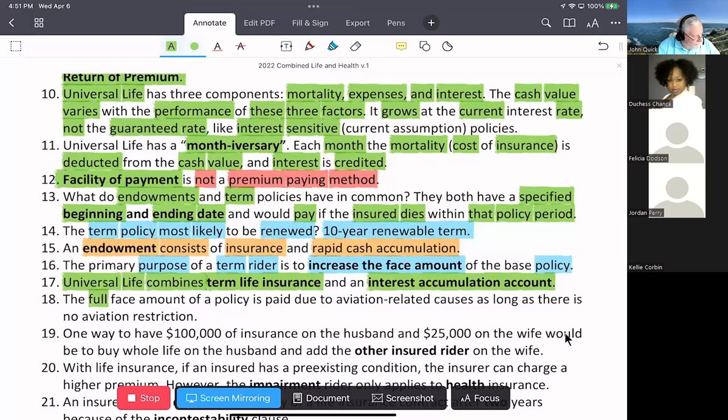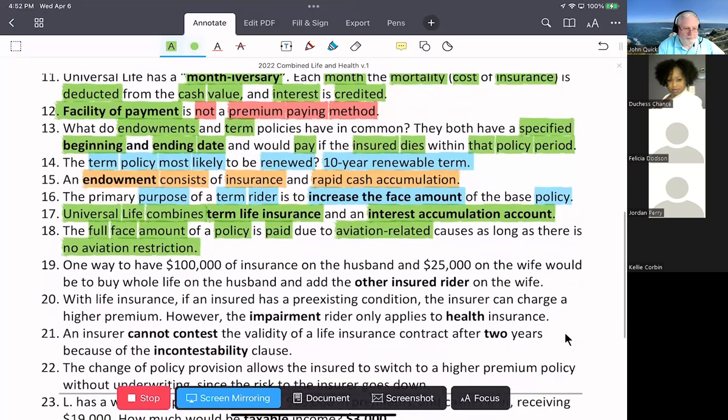But the full face amount of a policy is paid due to aviation-related causes as long as there is no aviation restriction. So if Denzel bought his policy at 19, there wouldn't be an aviation restriction. He could take flying lessons at 29, they would now pay because there was no restriction when he bought his policy. Remember, past, present, not the future.